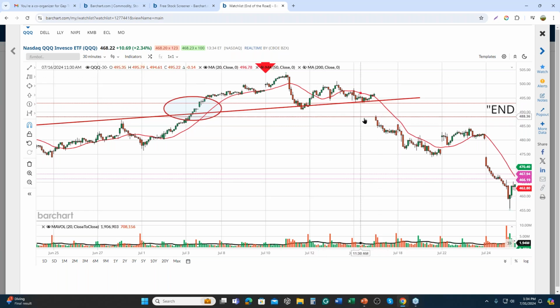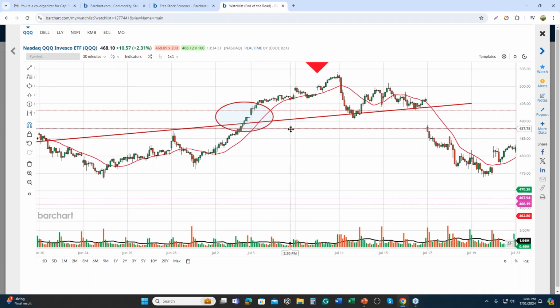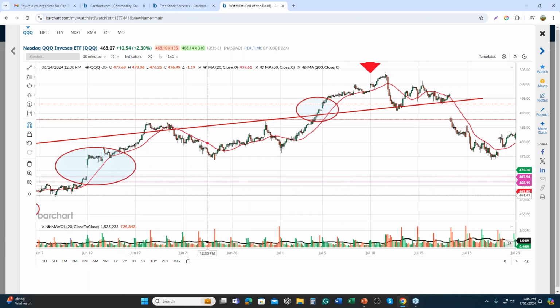Now, I just want to show you this, and this is an element of gap trading, but also an element of technical analysis. This red line here is not referencing the opening price of this red candle. It looks like it got moved a little bit here. It should be about there. If I go back to a little more of a time horizon, yeah, here we go.